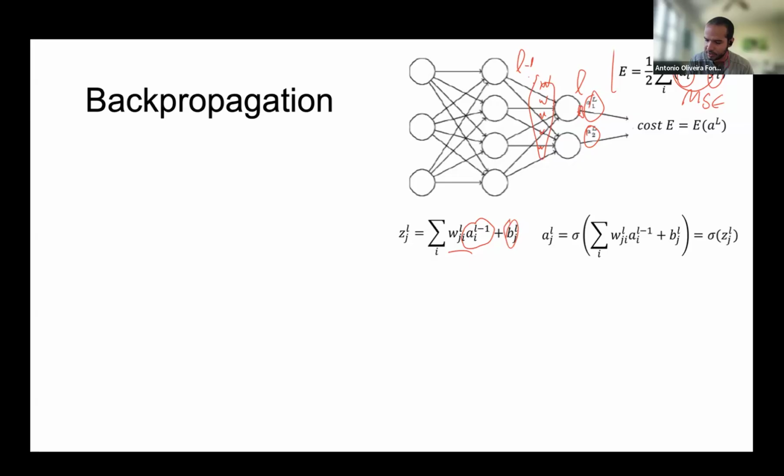Now, all of this, which I'm calling Z for the sake of simplicity, goes inside of this sigma function. The sigma function represents my activation function. Okay? All good here? Okay.